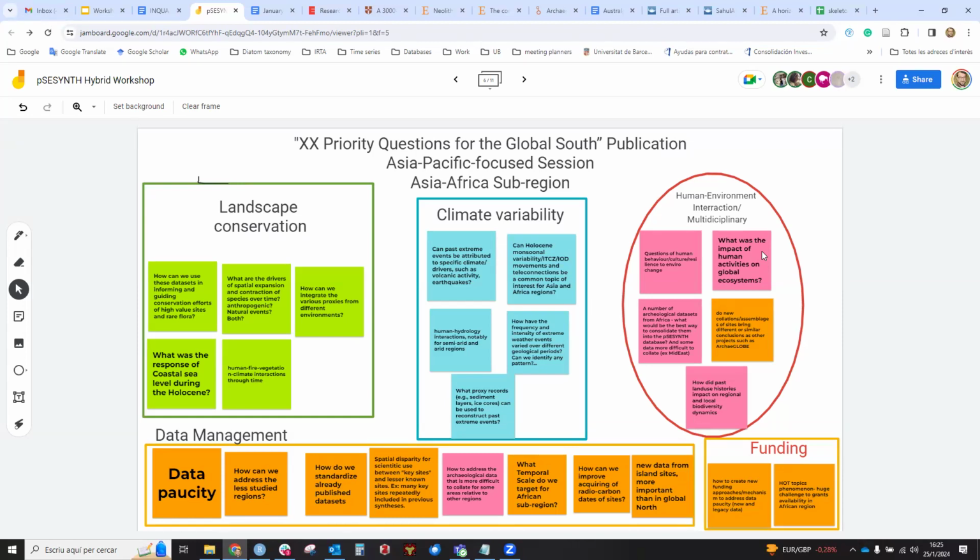And then the final grouping is the funding issue. So how we can create more projects that can attract more funding. Is it possible to develop projects that have direct relevance to the African issues that are currently going on, that we can use paleoecology or archaeology to help resolve, for example the management of our parks or reserves?